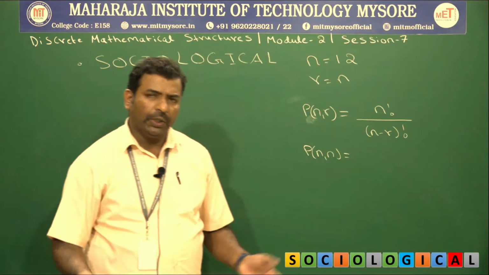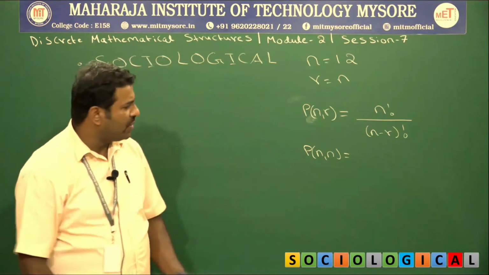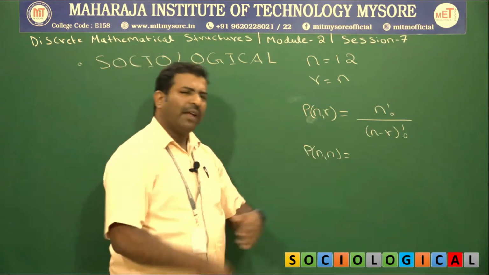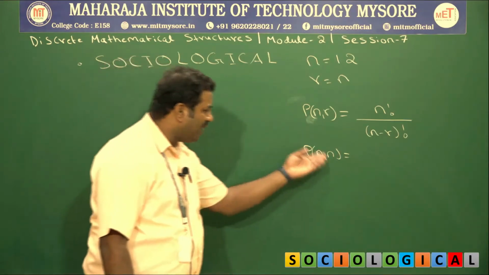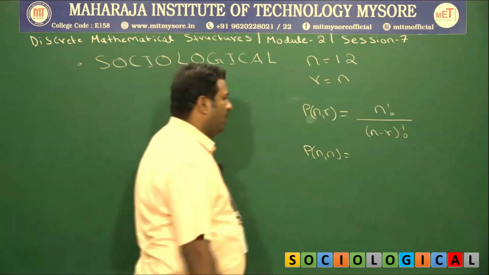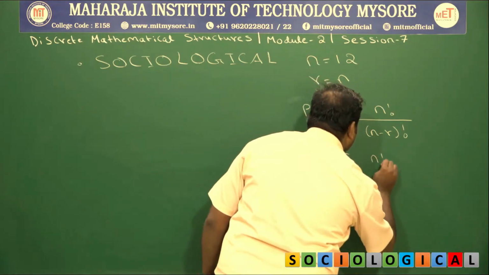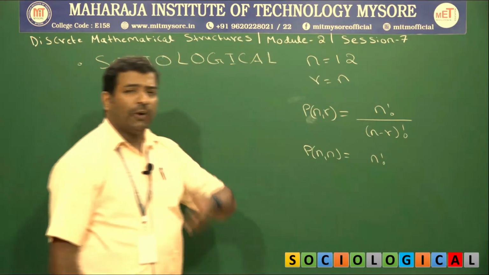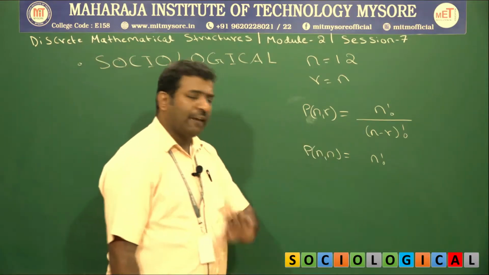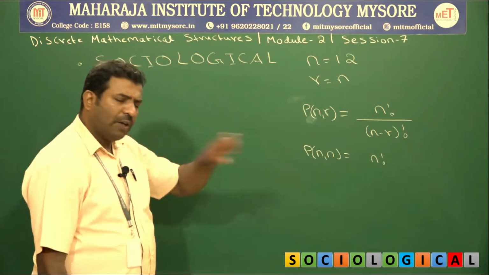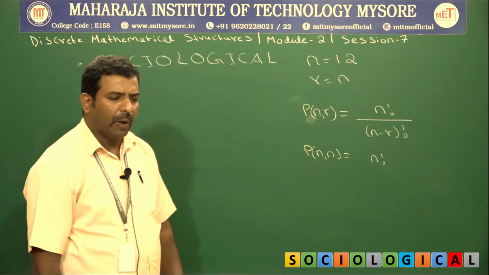Without doubt you need to know that the values of R and n are the same. It doesn't matter whether I use n here or R over here. So in that case I am going to have this as n factorial. Now again I need not explain why I am just writing n factorial over here. So now this is the first general case I need to think about.